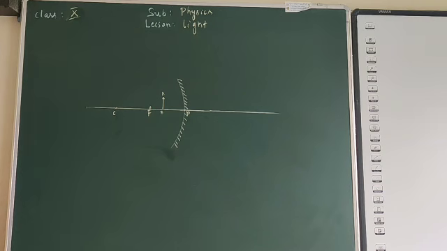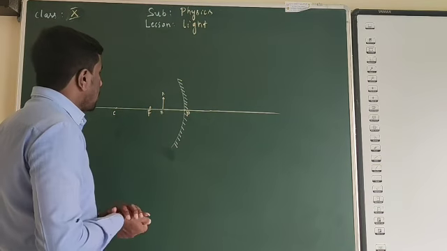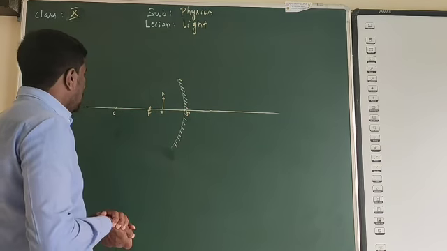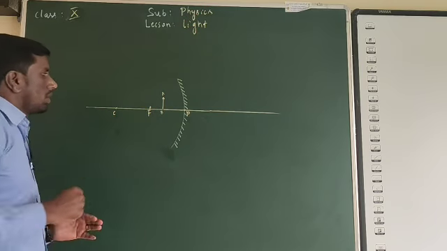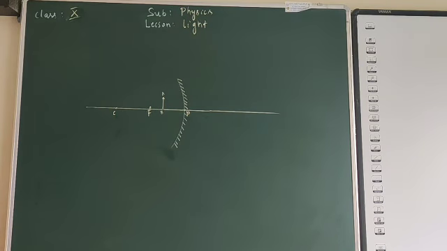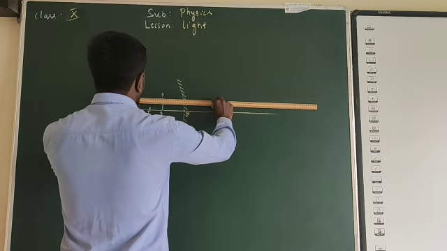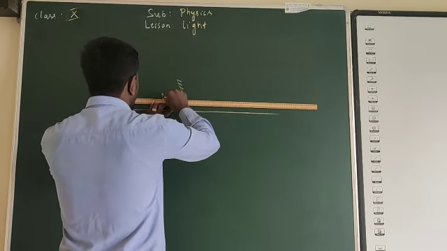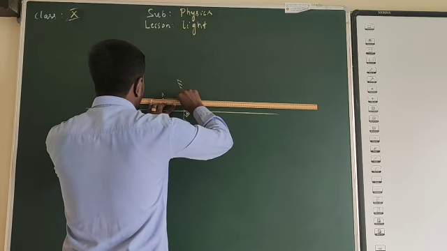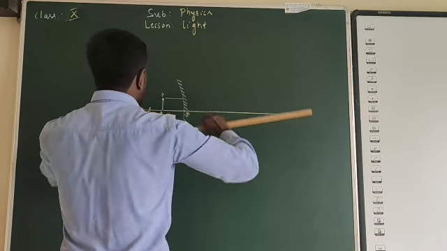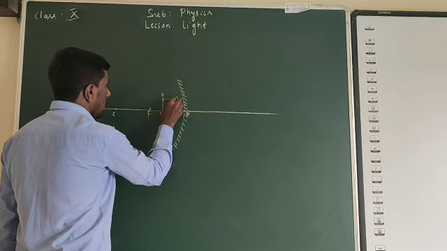Okay, we will draw this as an object. We take two rays: one parallel to the principal axis and the other through the principal focus. I will take one ray which is parallel to the principal axis. So this is the incident ray.